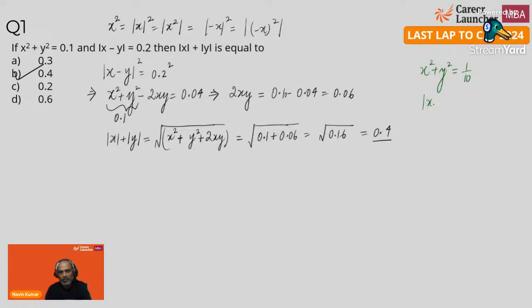And we have mod of x minus y is equal to 2 upon 10. So if we square and add, we get 1 upon 10. And if we take the mod of the difference, we get 2 upon 10. So we are asked to find out what mod of x plus mod of y will result in.